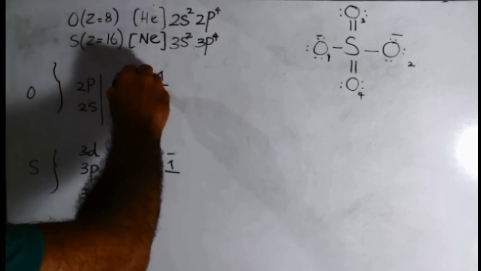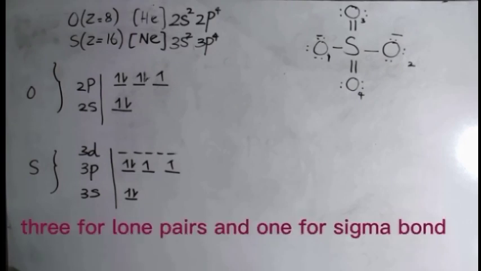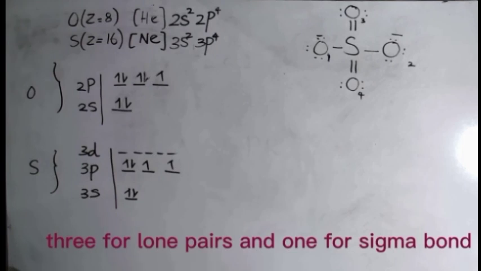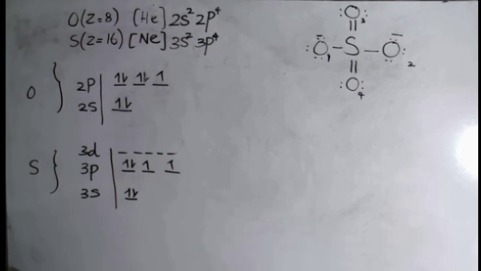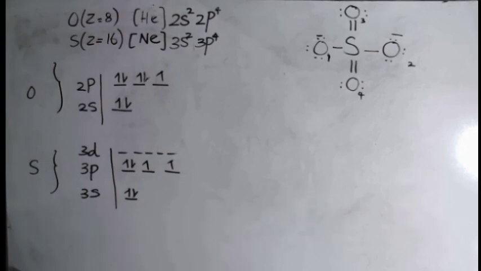So that electron goes to the p sub energy level. Now when we consider the hybridization, both oxygen number 1 and 2 have 3 lone pairs and 1 sigma bond. So we have to have 4 hybridized orbitals.